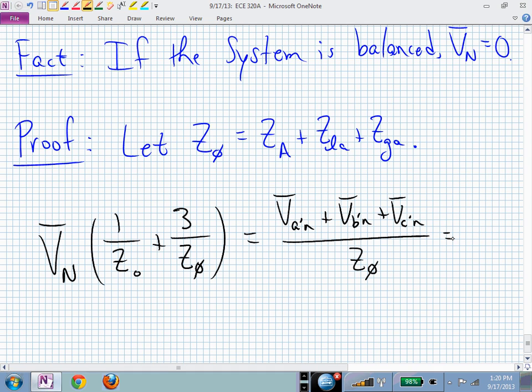And what do we know about a balanced set of voltages? They sum to zero, don't they? Because of their spatial relationship. Same magnitude, different angles. But those angles are 120 degrees apart so that they, head to tail, end up getting us back to zero.